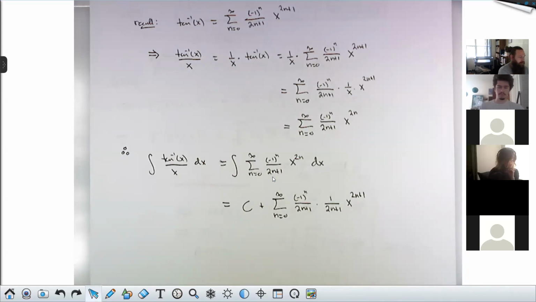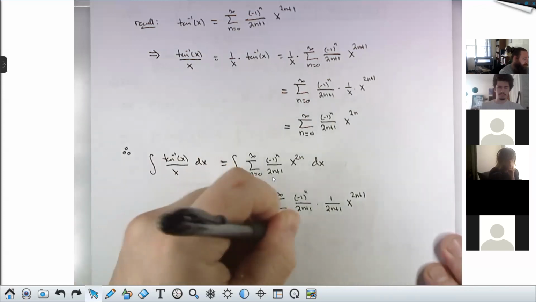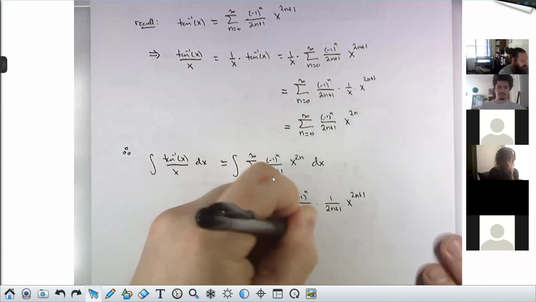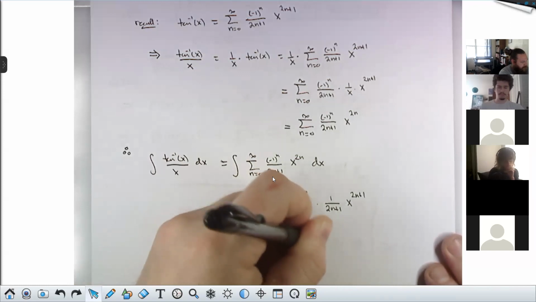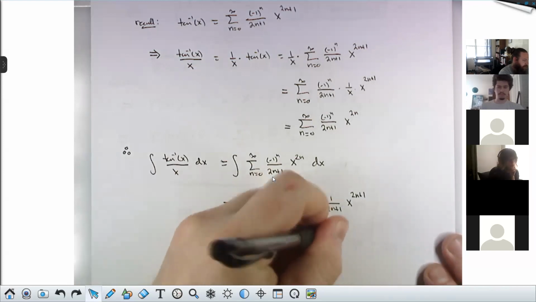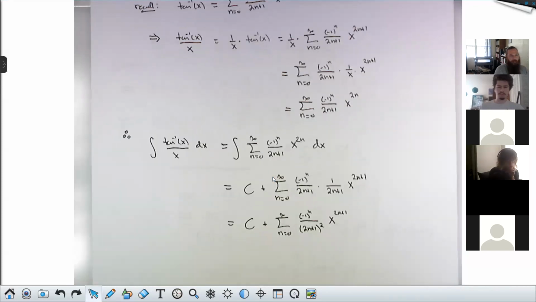You can simplify this just a tiny bit if you want. I can write this as -1 to the n over quantity 2n plus 1 squared times x to the 2n plus 1, but that's as much as we could possibly hope to do.